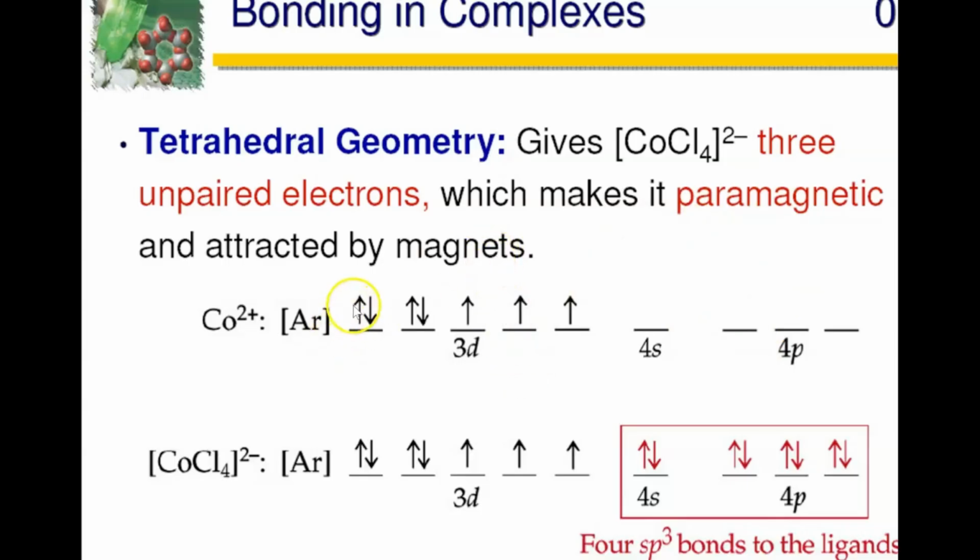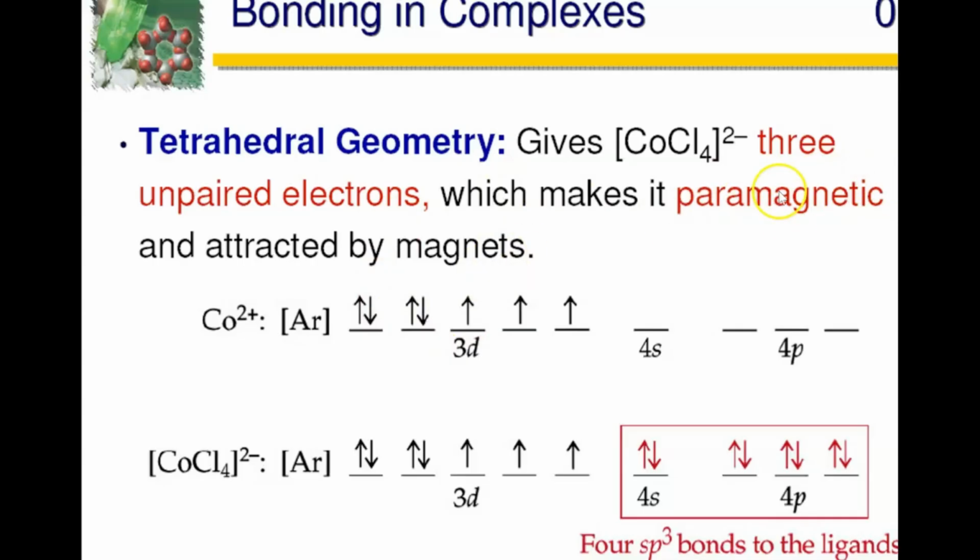The electron configuration for cobalt 2 plus is 4s0 and 3d7, because we have lost 2 electrons in the formation of the complex with the 4 Cl ligands. So this complex is paramagnetic.